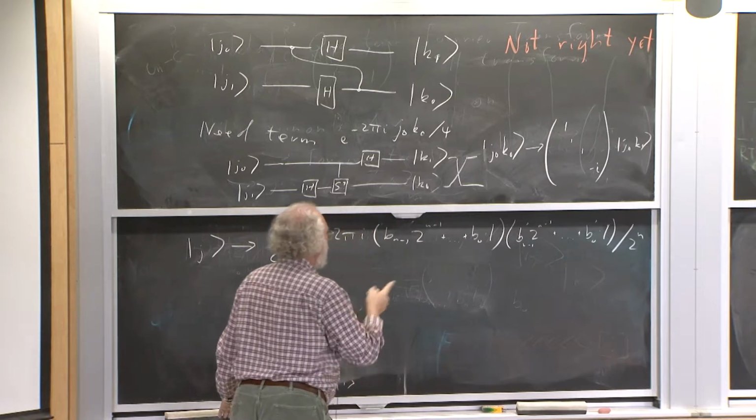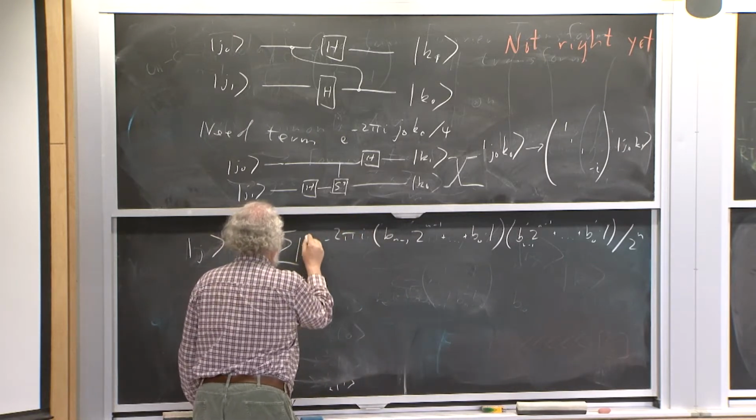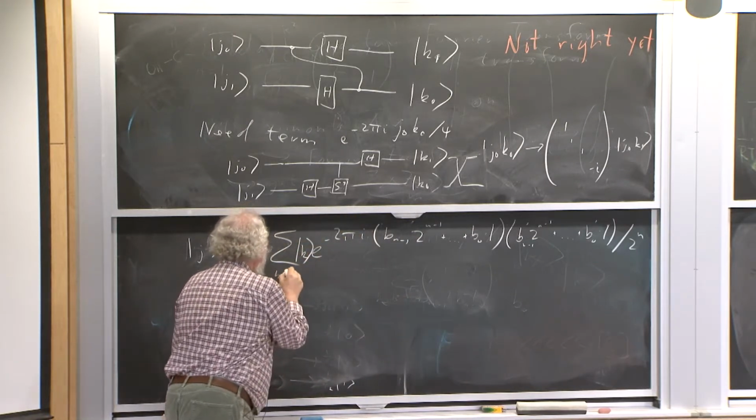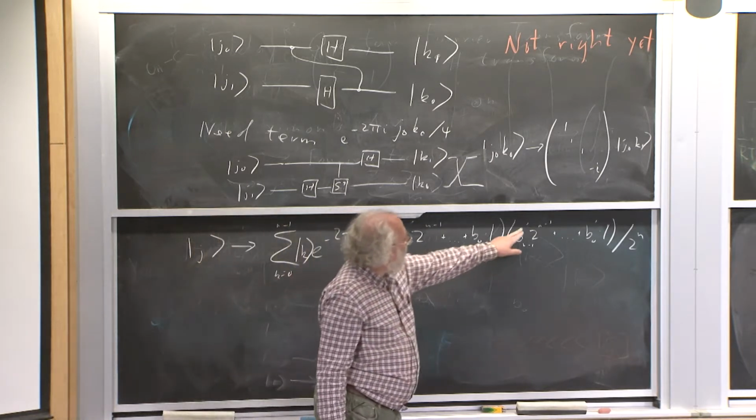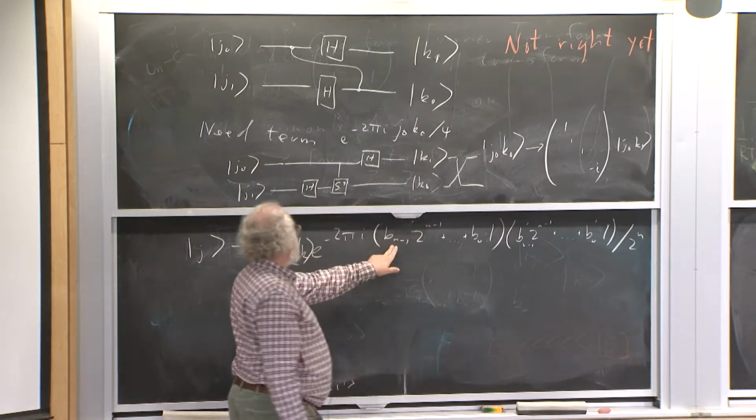And we need to multiply this by k, where k equals 0 through n minus 1, and b primes are the bits of k, and b's are the bits of j.